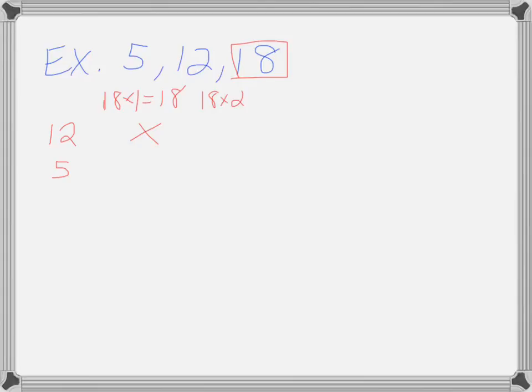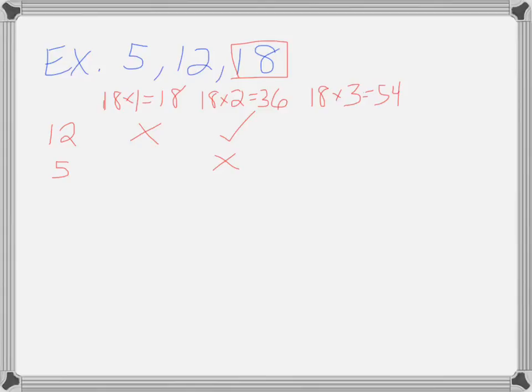18 times 2 is 36. Will 12 divide into 36? Yes. So the 12 worked. Now try the 5. Will 5 divide into 36? No. Then try 18 times 3, which is 54.